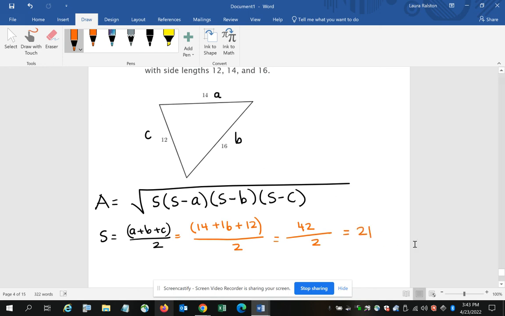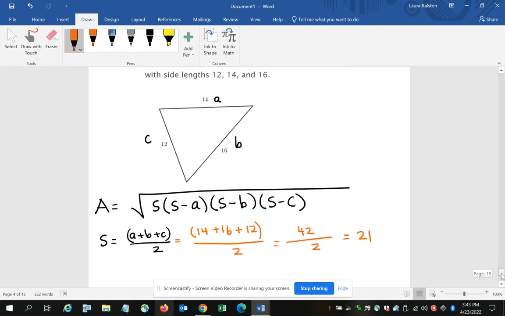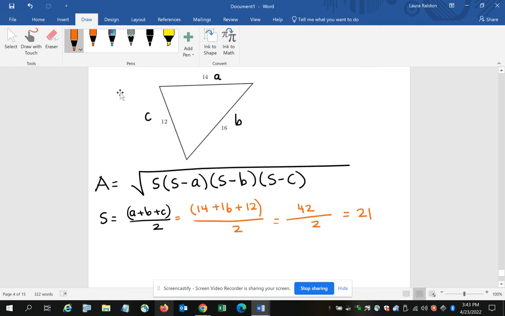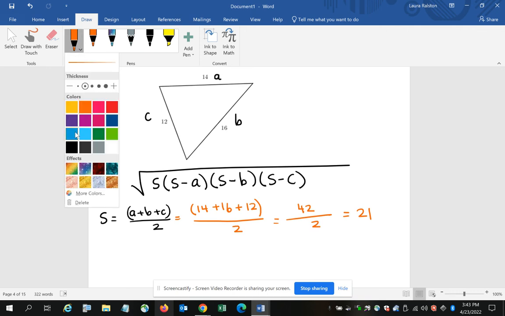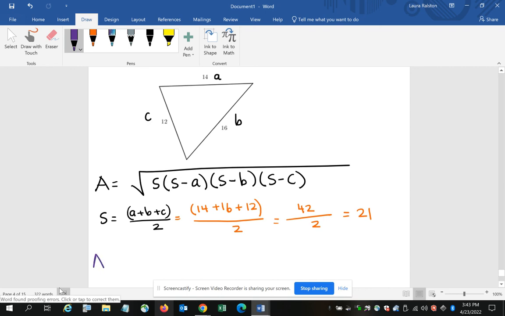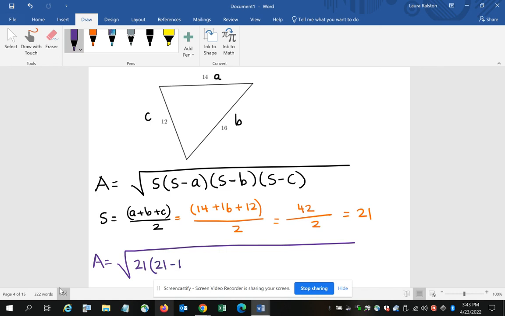So S is 21. And so then I'm going to fill in, again, plugging and chugging into my formula. So I have A equals the square root of 21, that's S, times 21 minus 14 times 21 minus 16 times 21 minus 12.